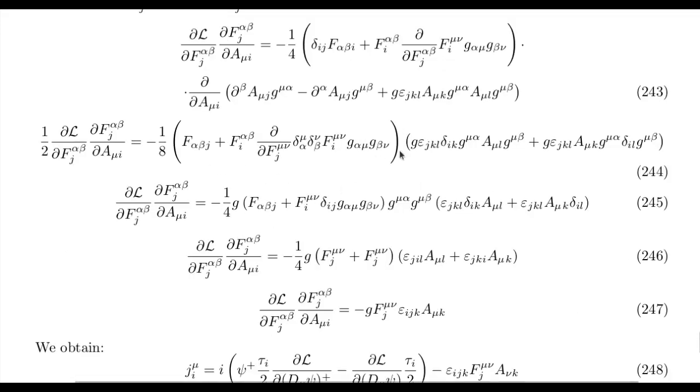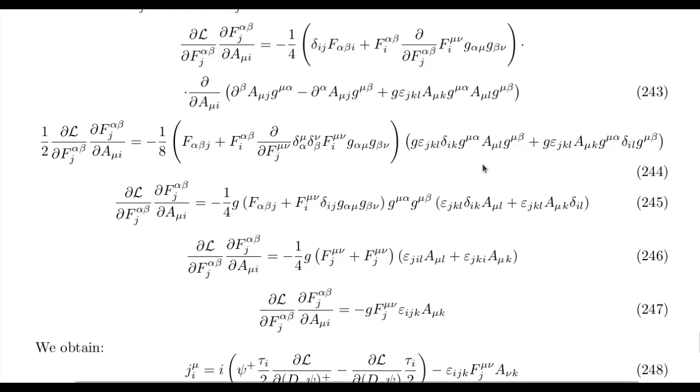Then we factor out a g here. And this and this are the same, but you have j and i, that is delta ij. And the other two deltas are used to change the alpha beta index into mu indices.